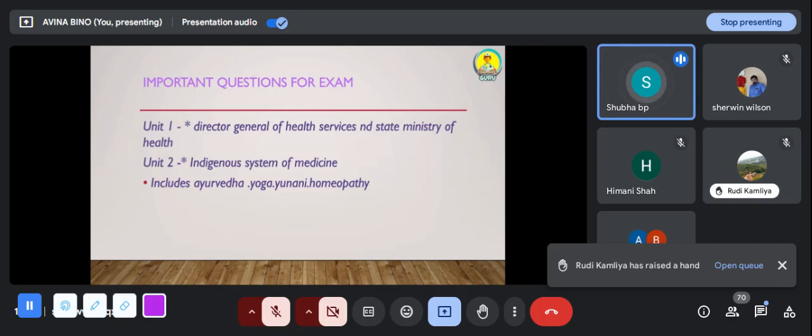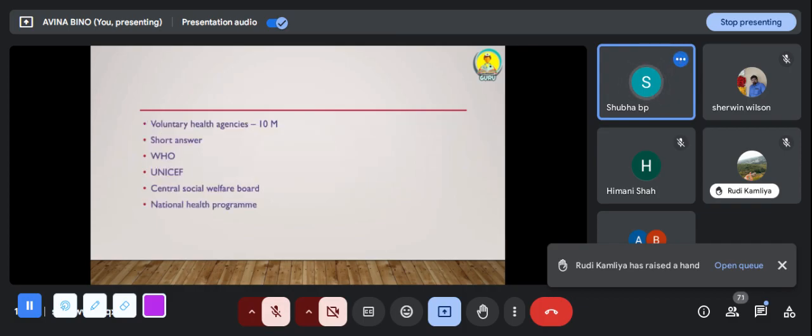Sorry, in Unit 2, after the indigenous system of medicine, both long answer and short answer questions may be asked. In Unit 2 you can expect both long answer and short answer, but in Unit 1 you can expect only a long answer question, that is for 10 marks.